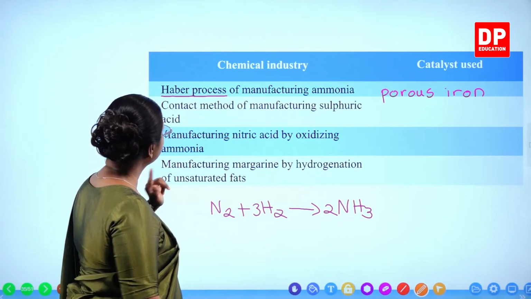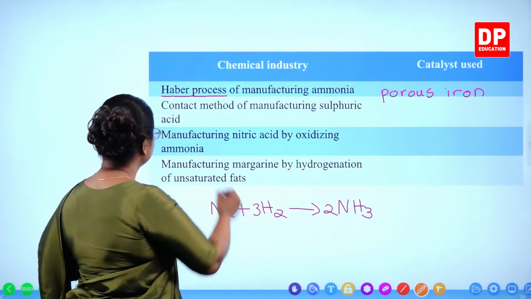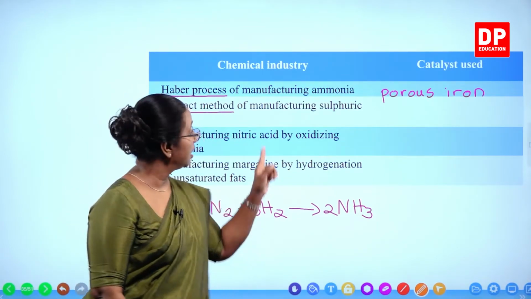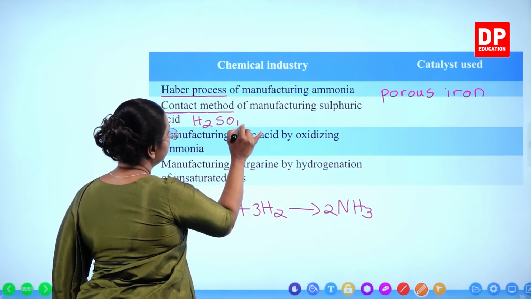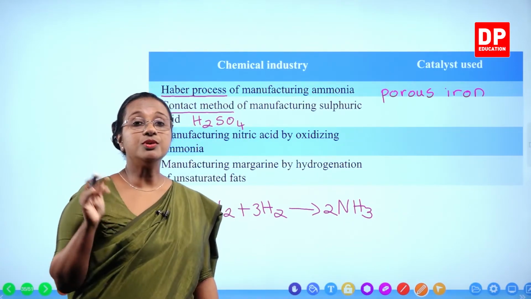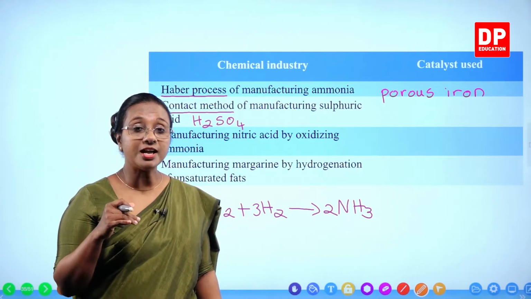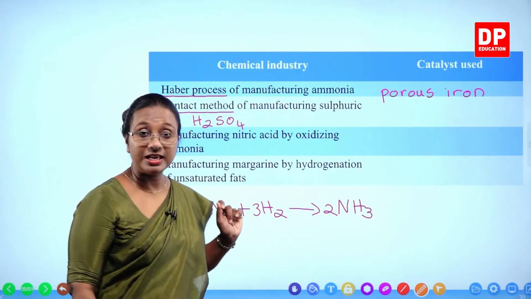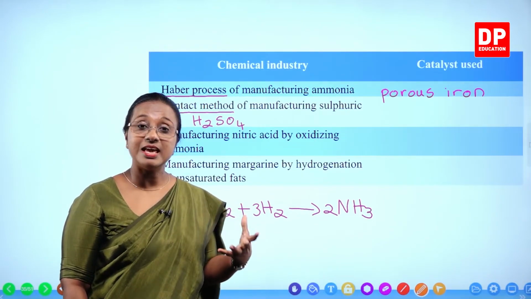Then the next one is contact method of manufacturing sulfuric acid. The name of the process is contact method. You know what sulfuric acid is, H2SO4. Here also there is sulfur dioxide that is converted to sulfur trioxide. Then it is reacted with water to form sulfuric acid. There is oxidation and all those different reactions take place.